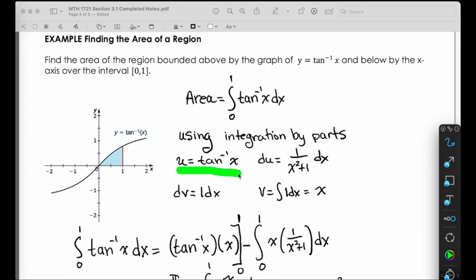If it's been a while since you've taken the derivative of inverse trig functions, you can use the reference sheet that I gave you that has the list of all the rules for the derivatives and integrals on it to look that up. Now we have dv is 1 dx, so working backwards, we integrate 1 dx to find v, and we get that that's x.